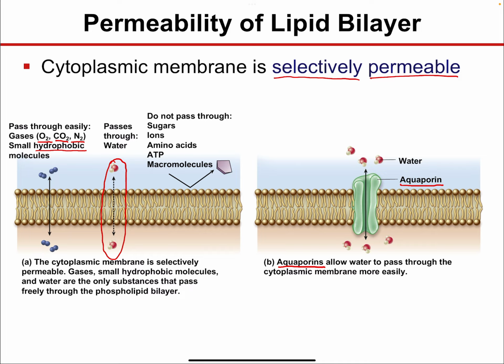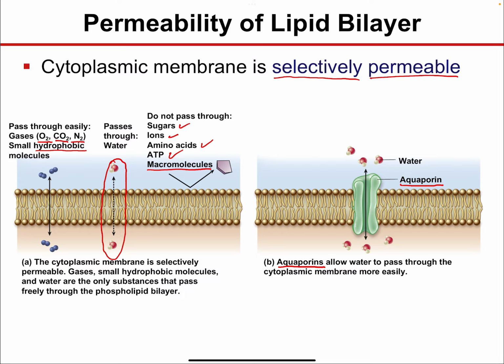Now, any other chemical, whether it is charged like ions, polar like sugars, amino acids, ATP, which is the energy currency in the cell, and all macromolecules are not able to cross freely the plasma membrane.